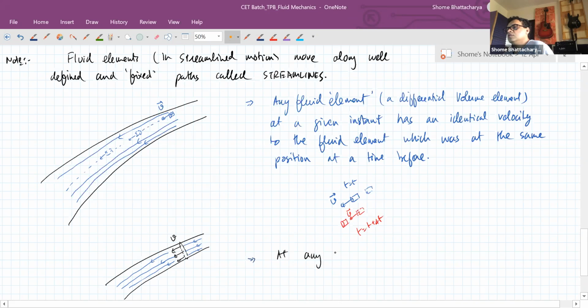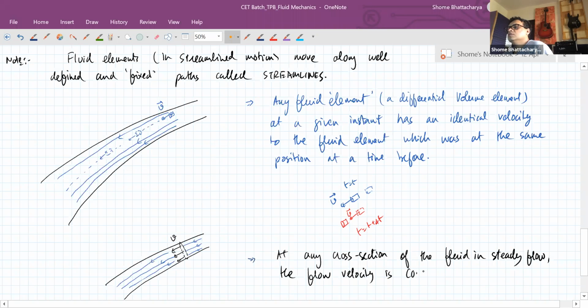So at any cross section of the fluid in steady flow, the flow velocity is constant for all elements crossing it at all times.